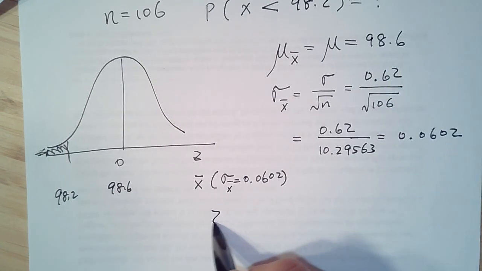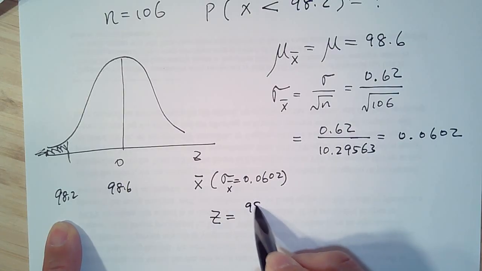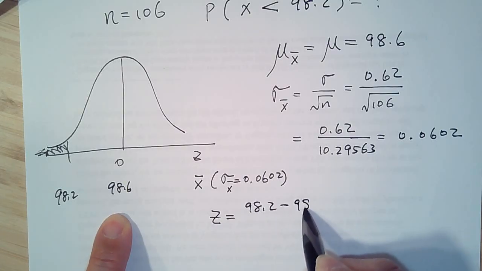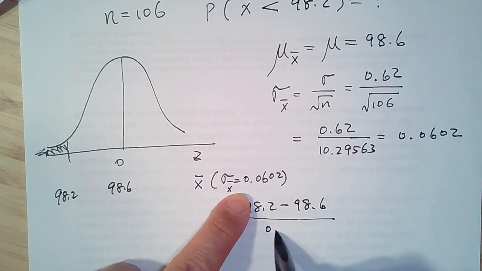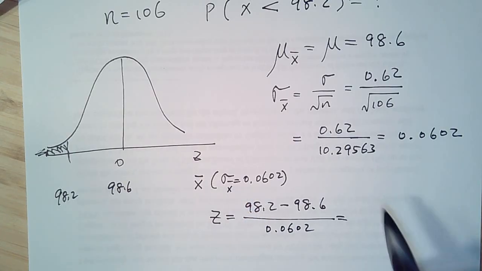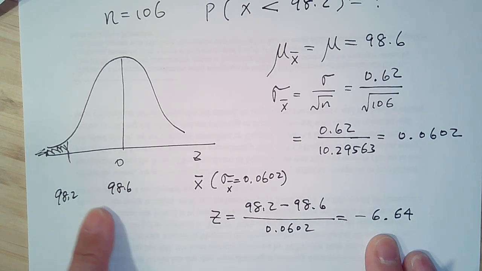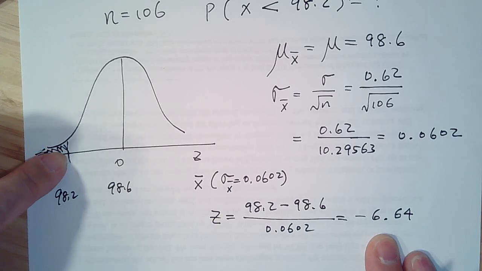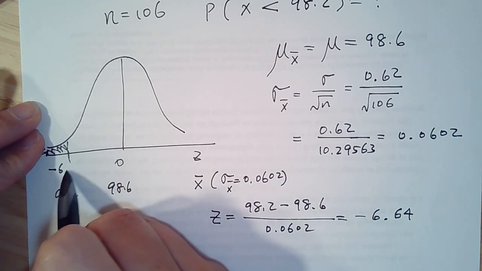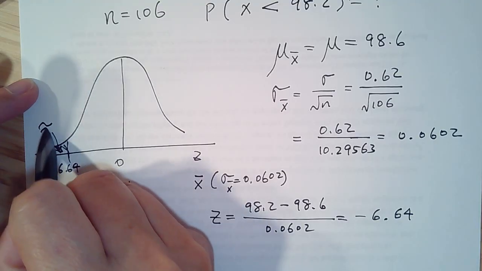So the z score will be 98.2 minus 98.6 divided by the standard deviation, so negative 0.4 divided by 0.0602. That is negative 6.64. So this is much further than 3.99, right? So the chance is almost 0.